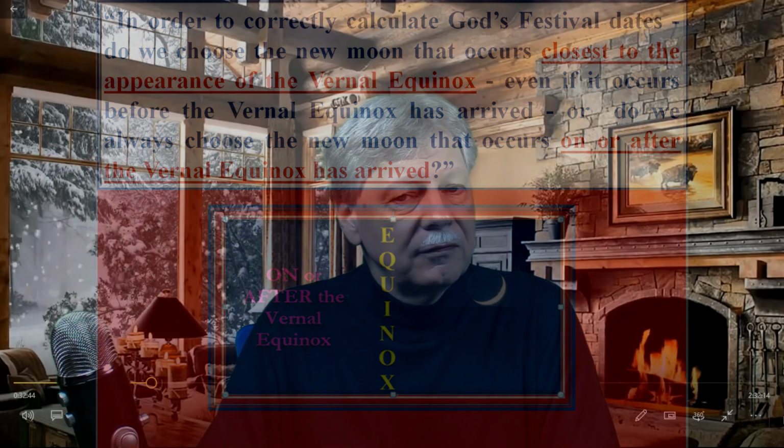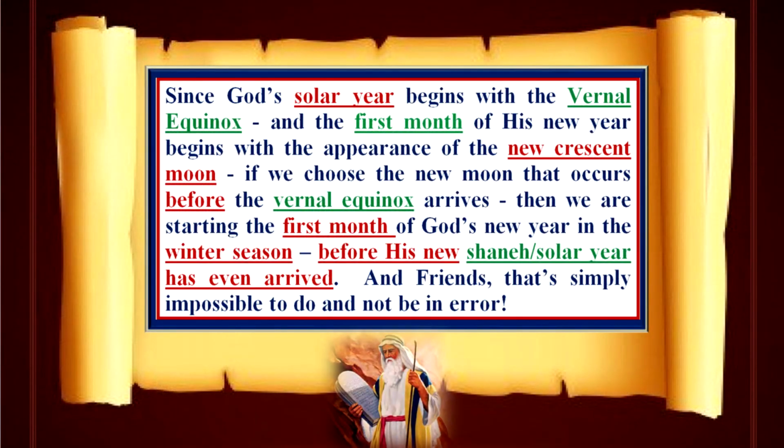And although this has been a very hotly contested calendar issue, it should be one of the easiest calendar questions to correctly answer. And why is that? Well, since God's solar year begins with the vernal equinox, and the first month of his new year begins with the appearance of the new crescent moon, if we choose a new moon that occurs before the vernal equinox arrives, then what are we doing?